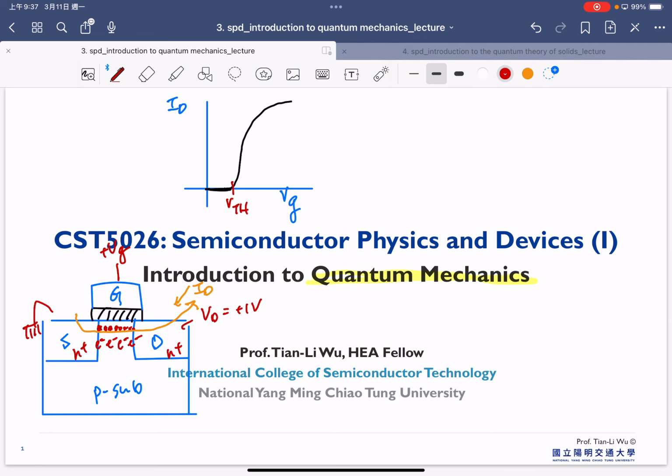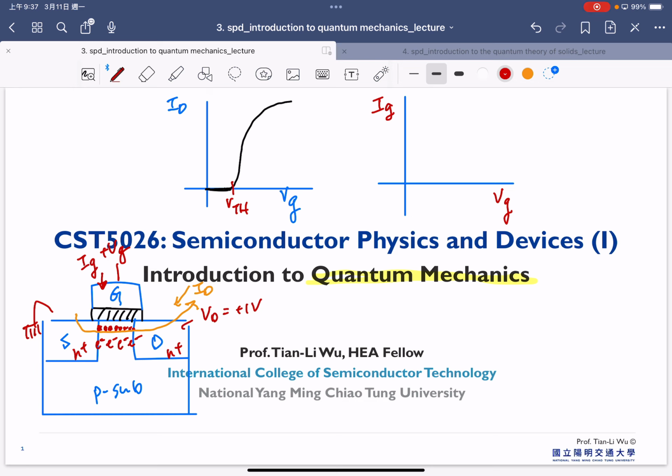In reality, if you look not only at the drain current versus gate voltage, but now at the gate current versus gate voltage, where this is the gate voltage and this is the gate current, that means there could be current in this place, and that's what we call the gate current.